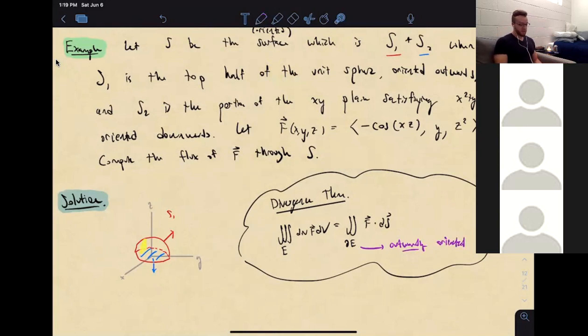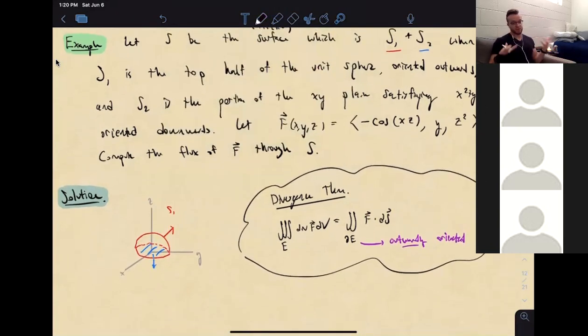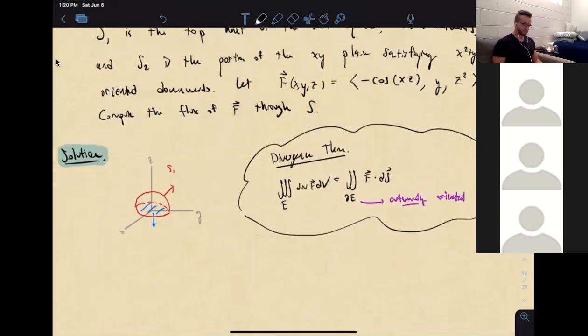If I filled in this region, and I'll do that in my solution, I'll call it E or something, then both of these pieces are outwardly oriented, so the boundary is going to be S1 plus S2. And pretty much all this means is that we could just straight up apply the divergence theorem.